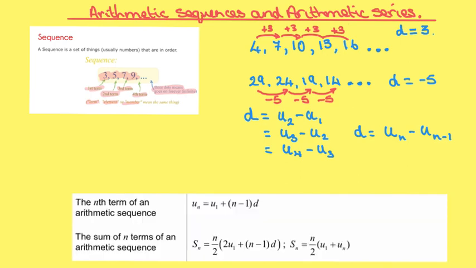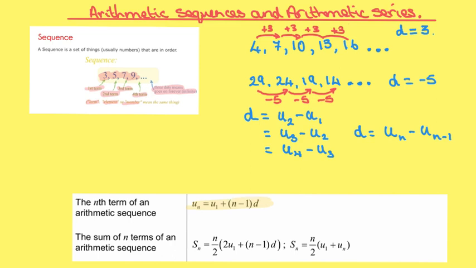If you wanted to find the 100th term in the first sequence 4, 7, 10, 13, 16, you could just keep adding 3 until you got to the 100th term, but it would take a long time. In an exam, you can use the nth term of an arithmetic sequence, this formula.